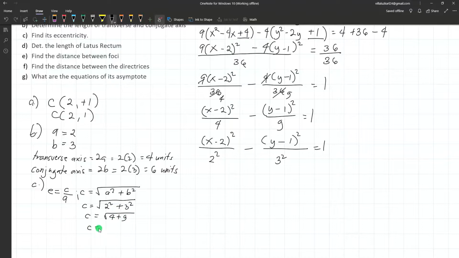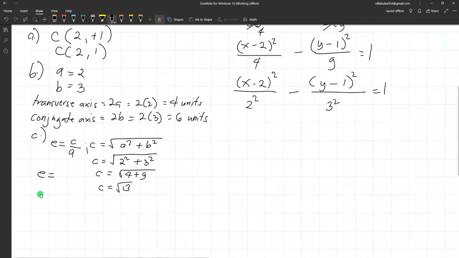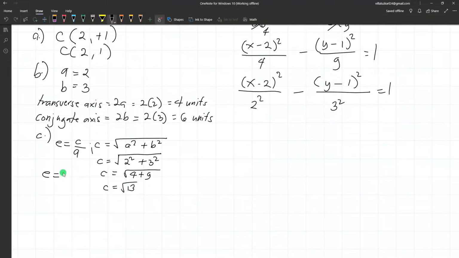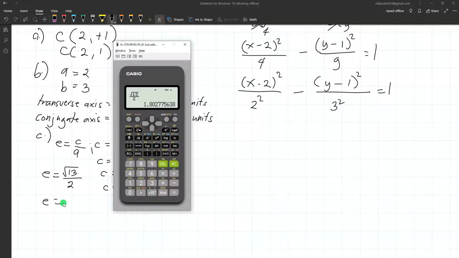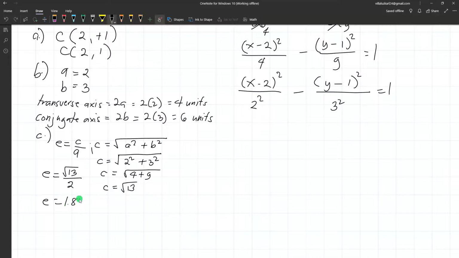Substituting, e is the square root of 13 over 2. In decimals, that is 1.803. That is greater than 1, so it's a hyperbola.